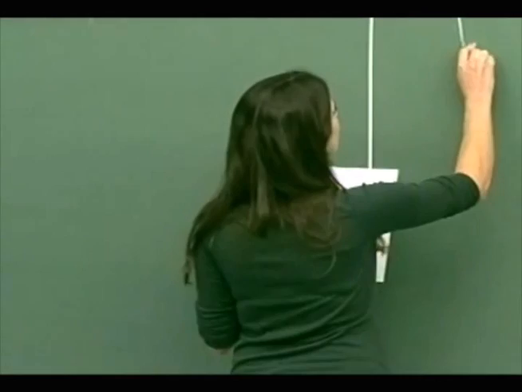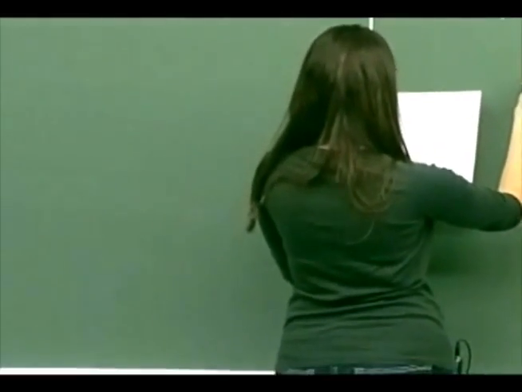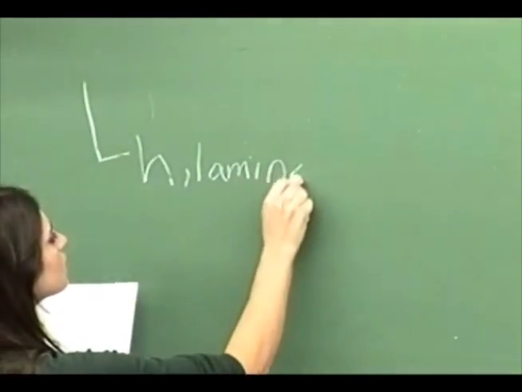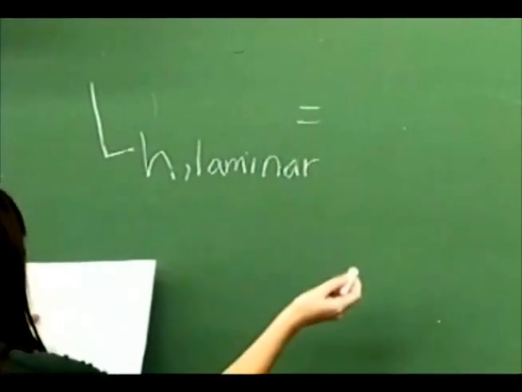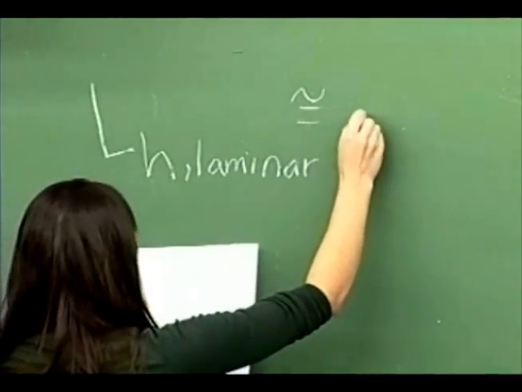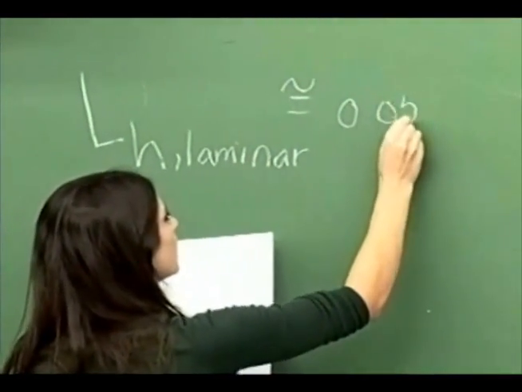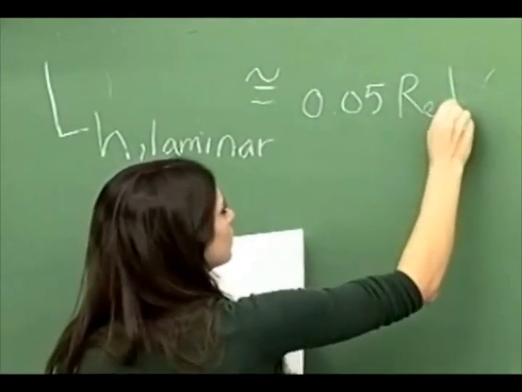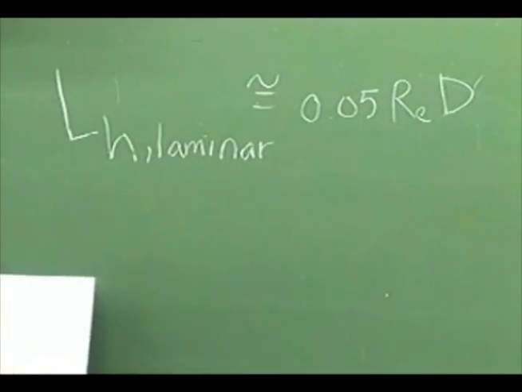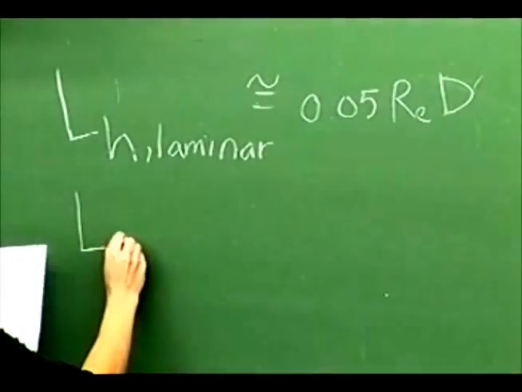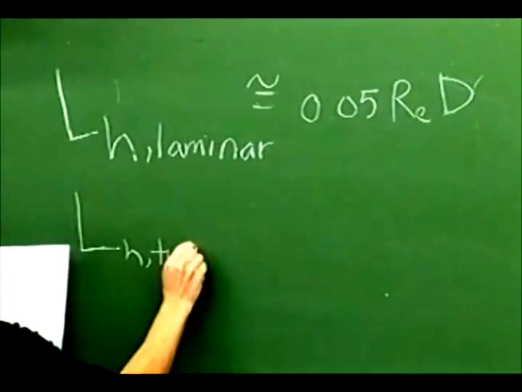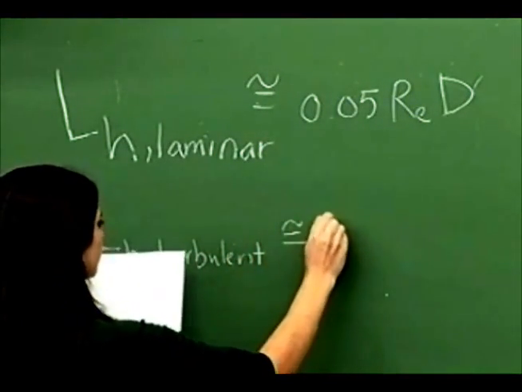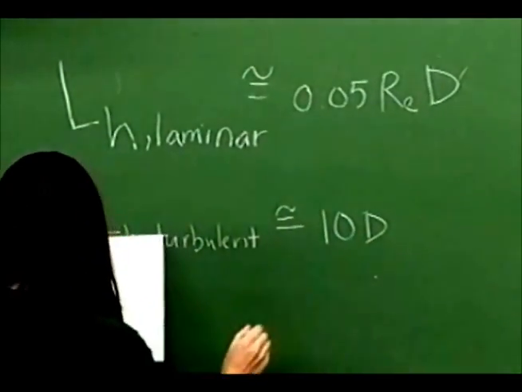For laminar flow, you have a hydraulic entry length which can be approximated as 0.05 times your Reynolds number times the diameter of your pipe. And for turbulent flow, you can approximate this as 10 times the diameter of your pipe.